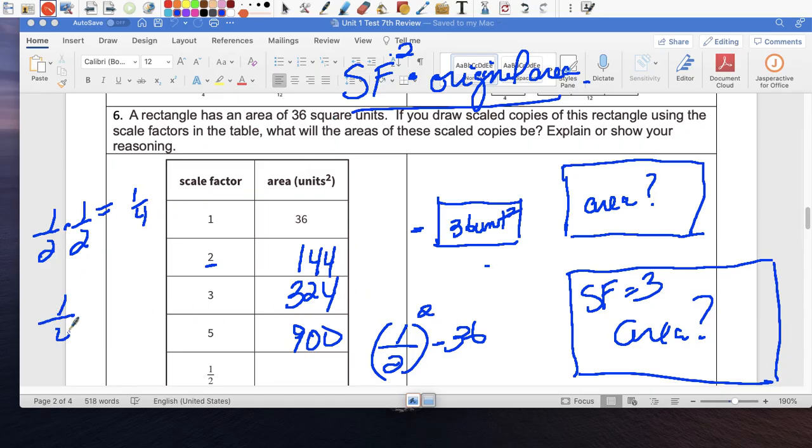So take 1/4 times 36. What's 1/4 of 36? It would be 9. Notice, of course, if you're going to multiply by a scale factor of half, the dimensions of that rectangle get smaller, right? So obviously this area also gets smaller.